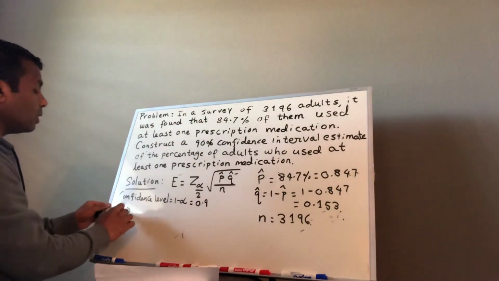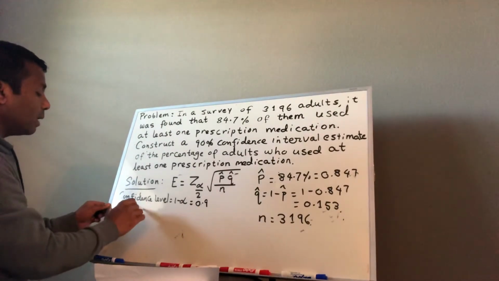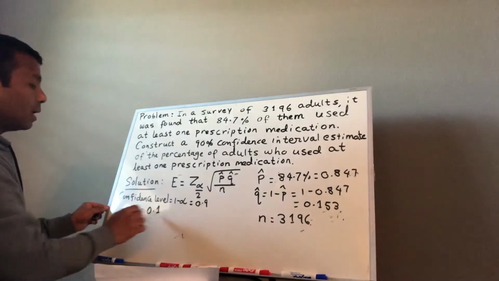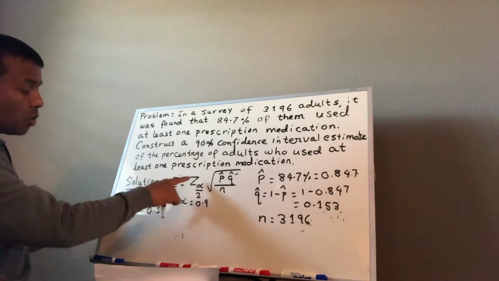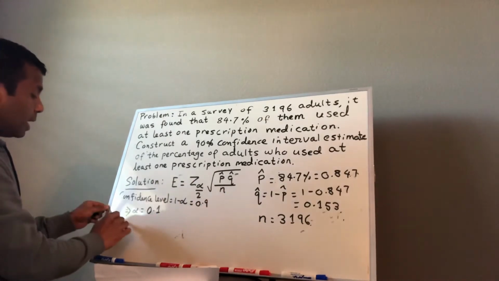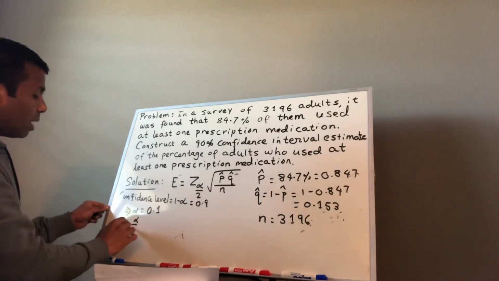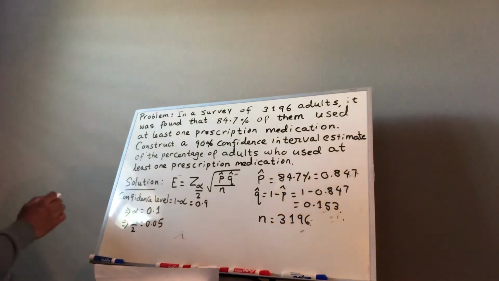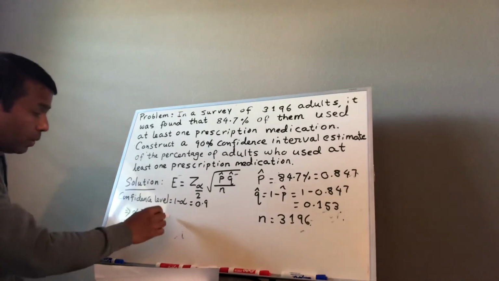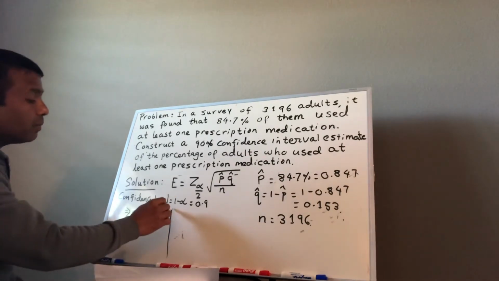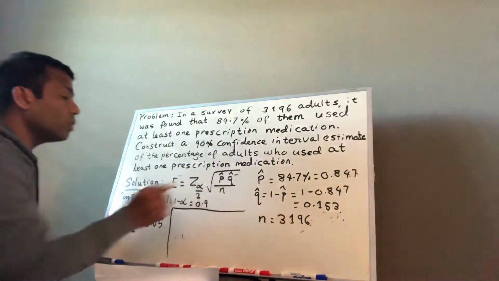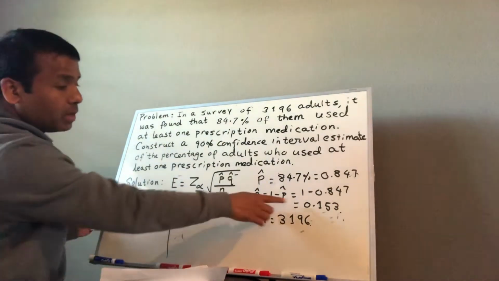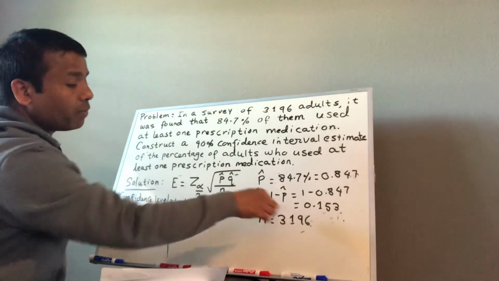So if you solve for alpha, then alpha is going to be 0.1, but you need the value of alpha over 2, so you divide both sides by 2, then alpha over 2 is equal to 0.05, right? So you need to find the value of z alpha over 2. So you have every piece of information: you have p hat, and you have q hat, which is 0.153.